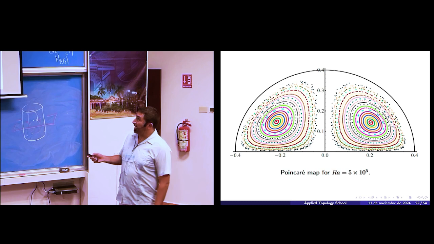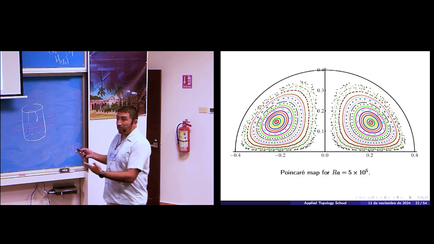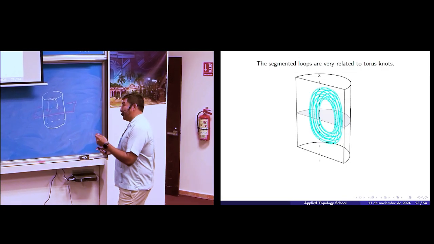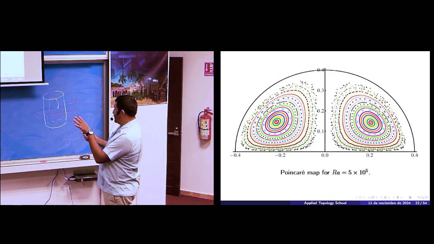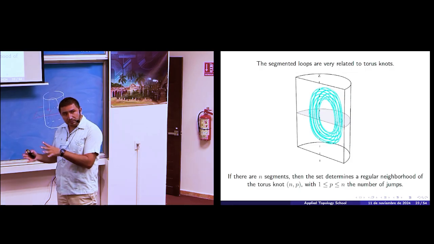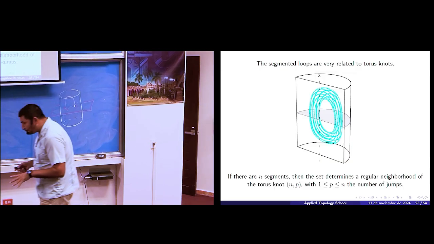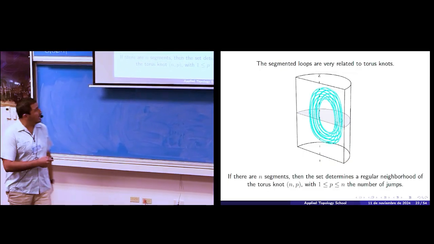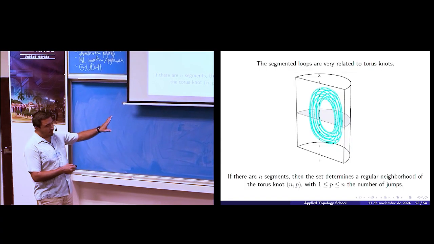Then these orbits which are segmented are related to torus knots. Each segmented set determines a regular neighborhood of a torus. If the set has n connected components, then there is a regular neighborhood of an (n,p) torus knot, where p is between 1 and n.